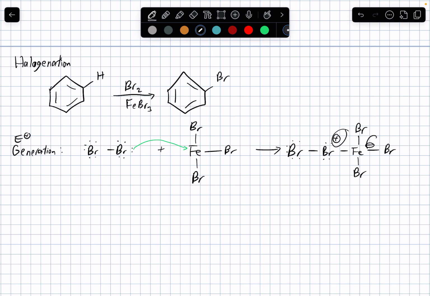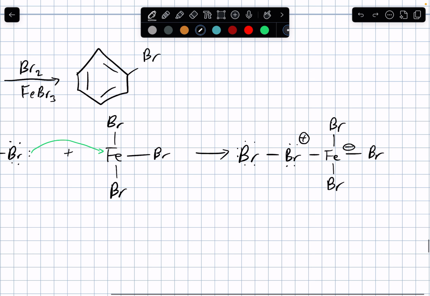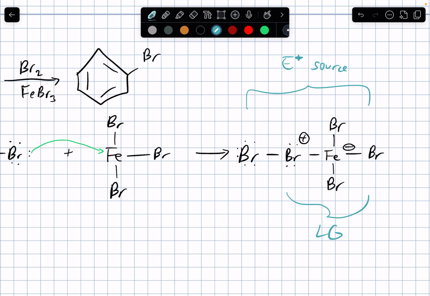So we have one positive, one negative charge. If we combine them, it becomes neutral, just as it should be. This is gonna be the source of our electrophile, no? So this is just gonna be a big leaving group. This is gonna be our electrophile.